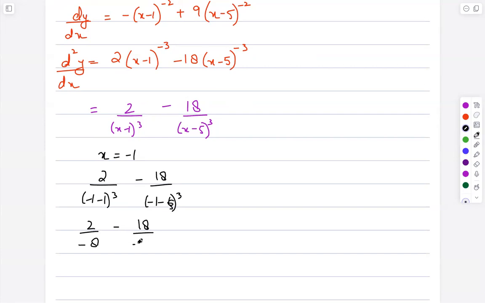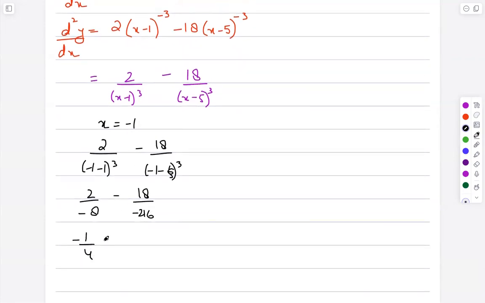Minus 6 whole cube will be minus 216, or we can write it as minus 1 upon 4 plus 18 upon 216. So 18 divided by 216 is 0.083, and subtracting it from 0.25, we'll get a negative 0.176.